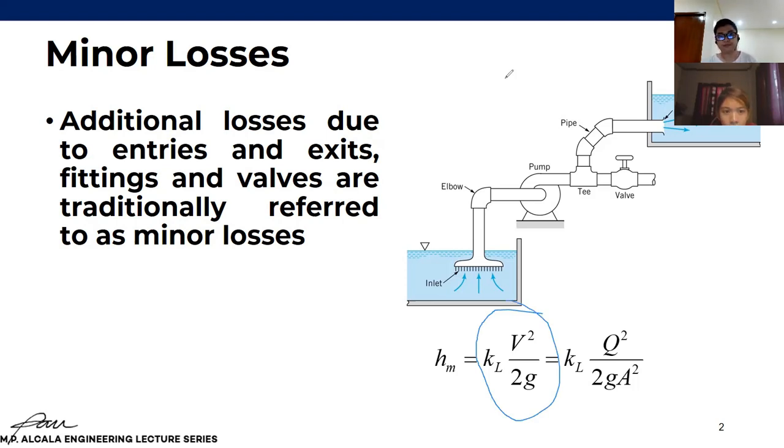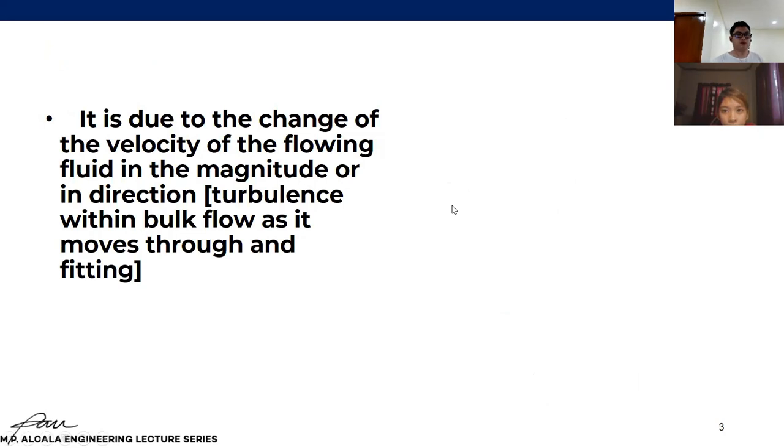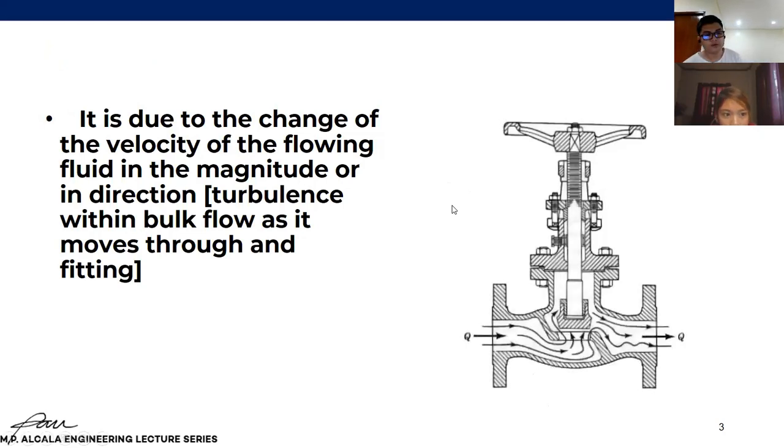All right. Next. It is due to the change of the velocity of the flowing fluid in the magnitude or direction, turbulence within bulk flow as it moves through the end fitting.